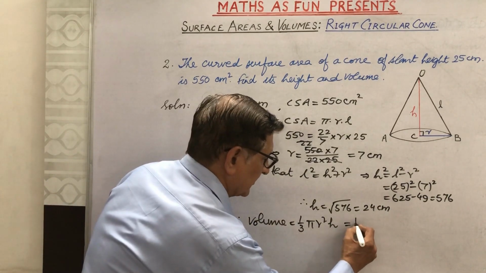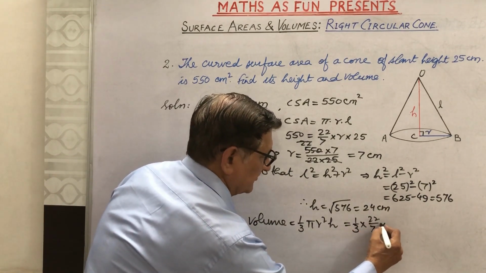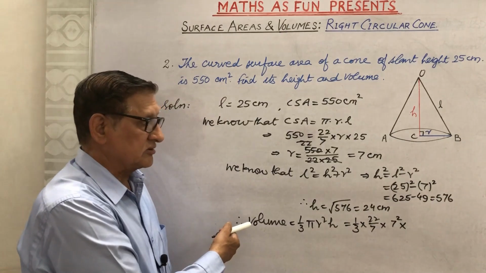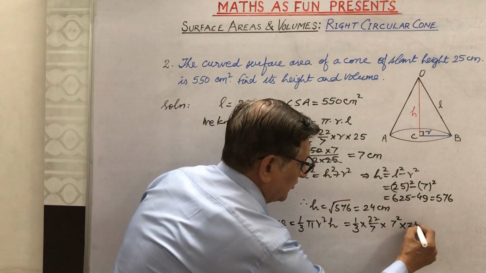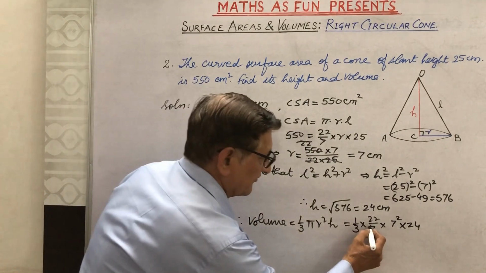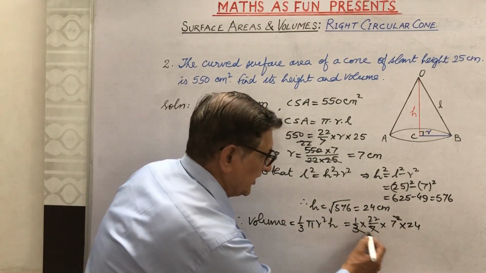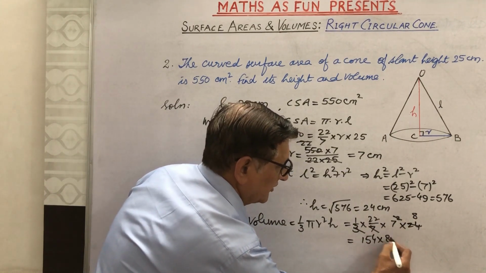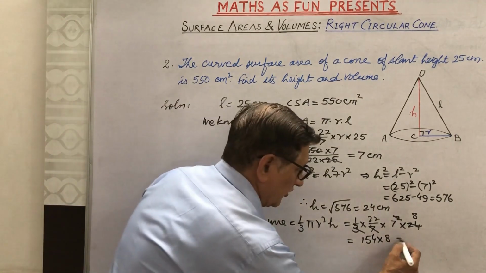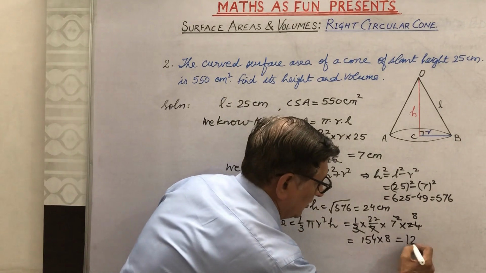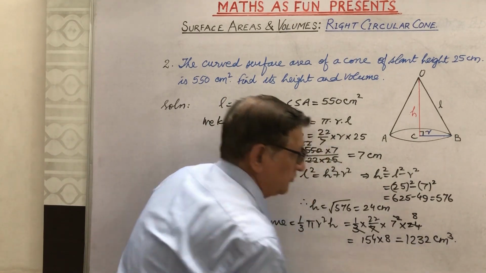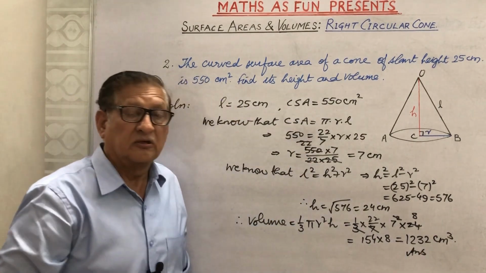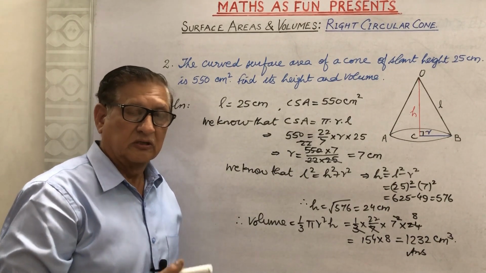Substituting the values, we get 1 by 3 into 22 by 7 into r, that is 7 square, into h, that is 24. 7 cancels this square, 3 cancels this 8 times, so it comes as 22 into 7, 154 into 8, which is equal to 1232 centimeter cube. So we are getting the volume of the cone is 1232 centimeter cube.